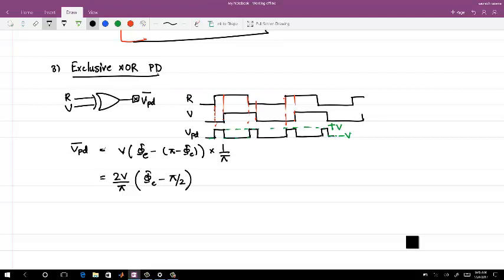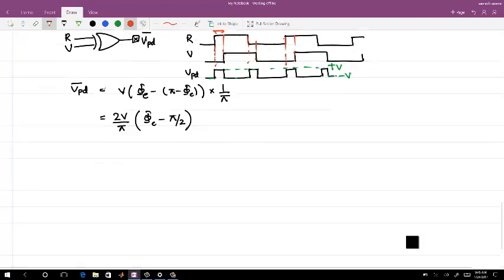Did everyone get this right? This is the phase error phi_e, and you see this is periodic with pi in the phase error. So I didn't go for 2 pi, I just put pi.